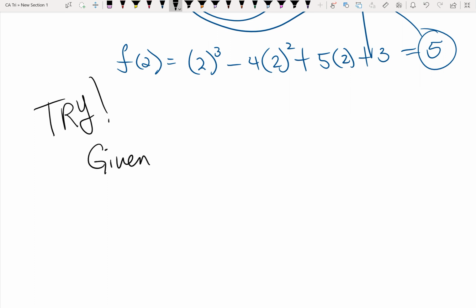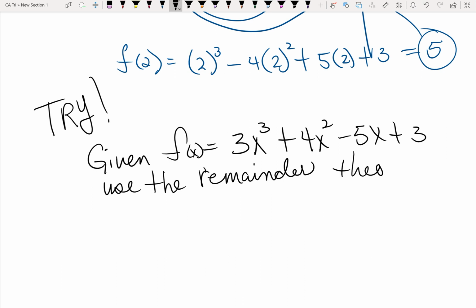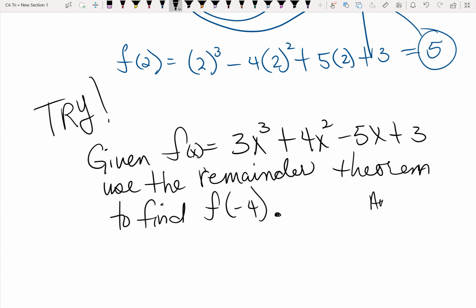So this one says given f of x is equal to 3x cubed plus 4x squared minus 5x plus 3, use the remainder theorem to find f of negative 4. When you do this, your answer should be negative 105. Okay?